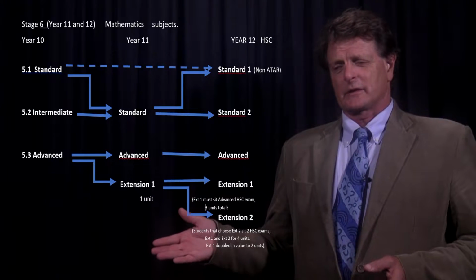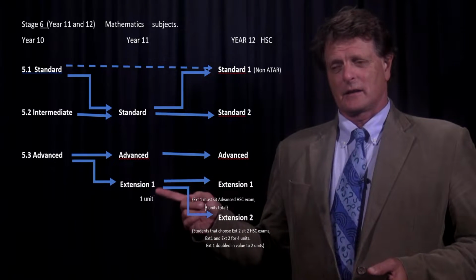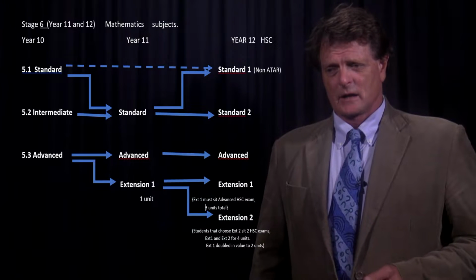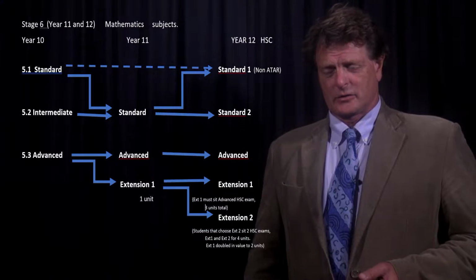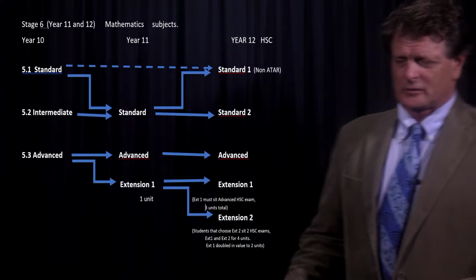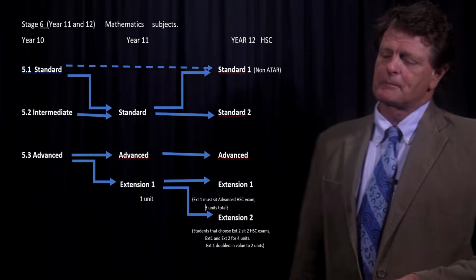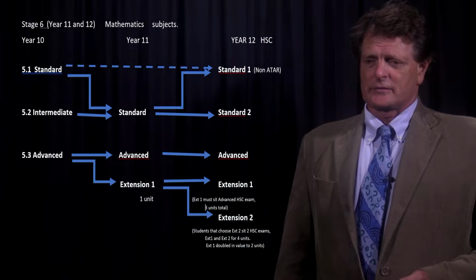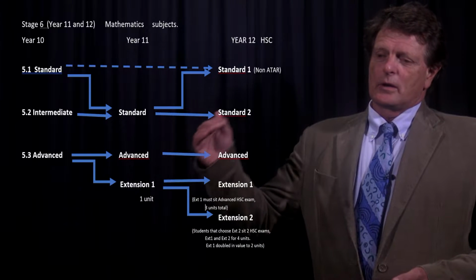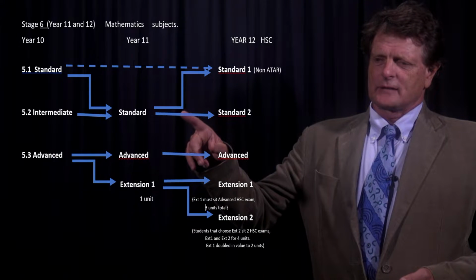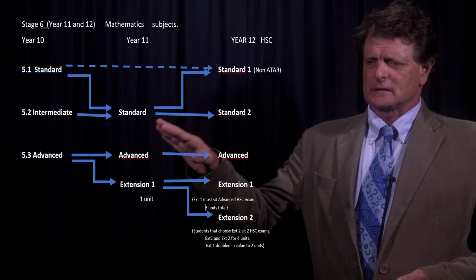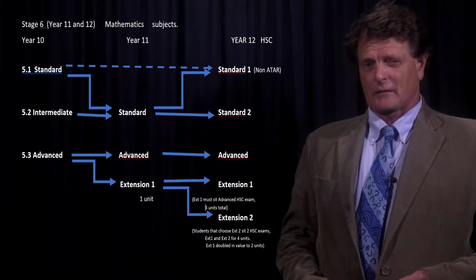Certainly you would not be considering taking Extension 1 if you hadn't done the 5.3 Advanced level in Year 10. There's just too much content, that fundamental development that you've been missing out on for the 2 years of Stage 5.